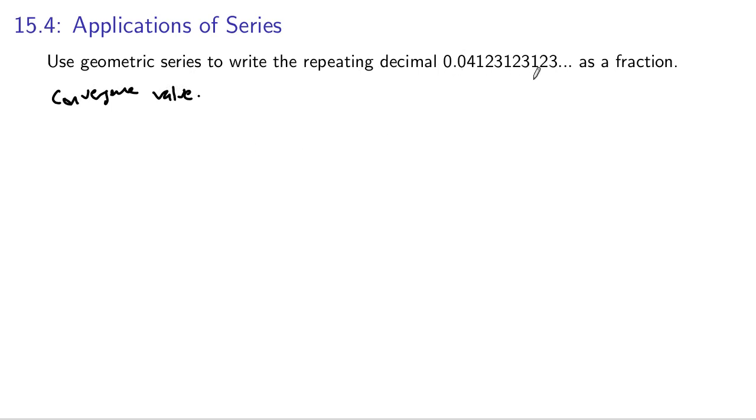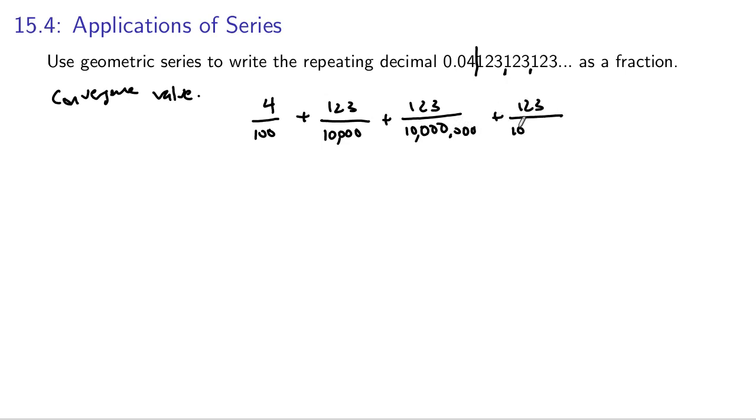If we think of this decimal, we can break it up into some parts. 4 hundredths is the first part. And then the parts that repeat are 123 over 10,000 plus 123 over 10 million plus 123 over 10 billion.